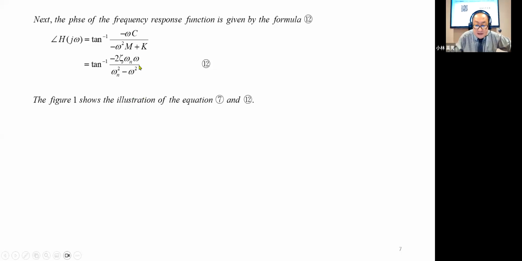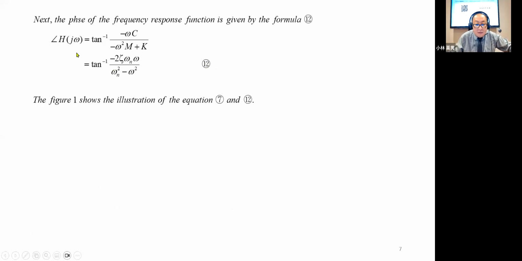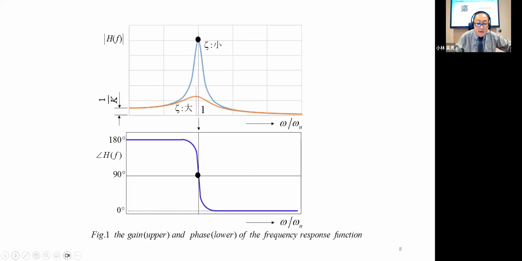And here, next slide, okay, here. The phase of the frequency response function is given by the formula 12, and this one. This is the phase of the FRF. Okay, from equation 11, this one, gain, and from the equation 12, this one, phase, we can write each figure like this.